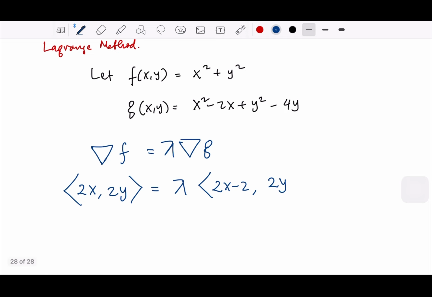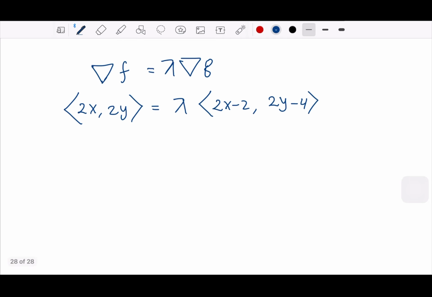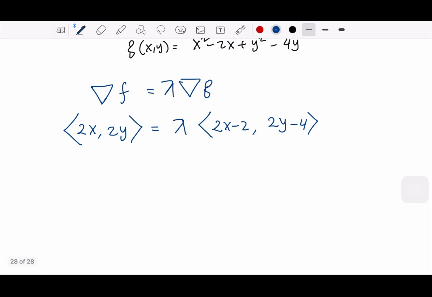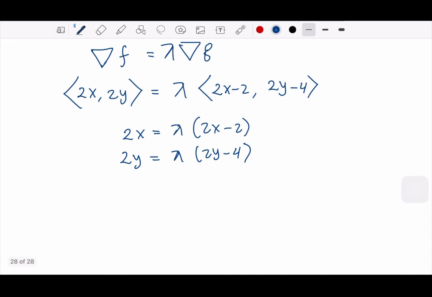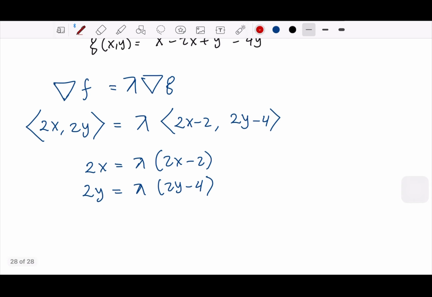Okay. Now we can take this into our equations. That is 2x is equal to lambda times (2x minus 2), and 2y is equal to lambda times (2y minus 4). Now we solve this.